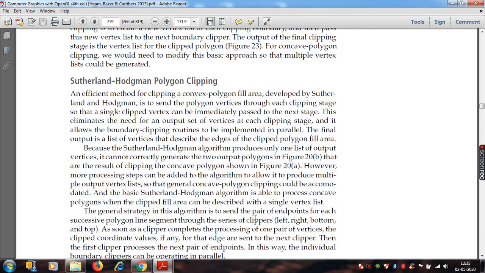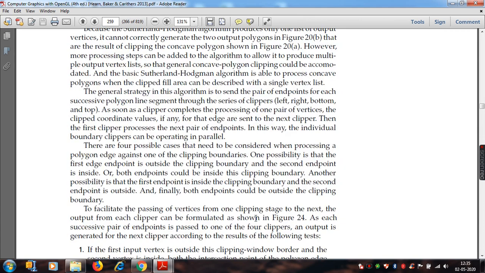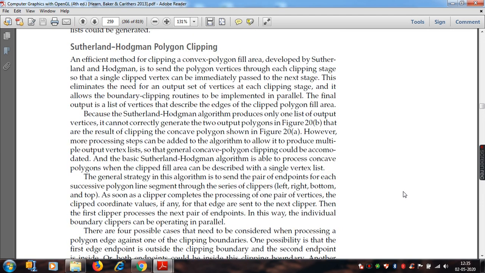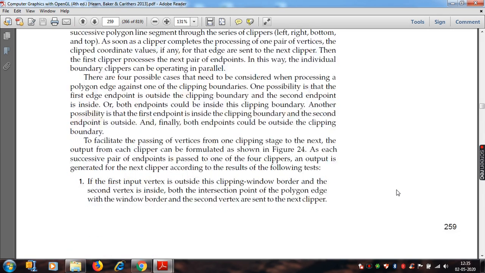So how is it to be done? We'll see very simple steps. We'll see one example with respect to the left clipper. Then exactly the same is going to apply for left, right, bottom and top. For each vertex, I'll just tell you the basics.